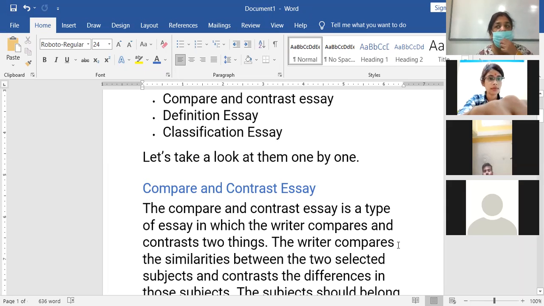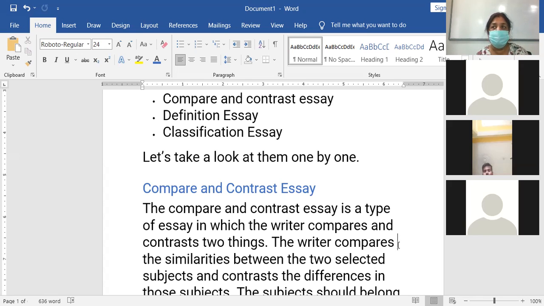Compare and contrast Narayan Murthy and Rahul Bajaj. Something which you know, something which is in your syllabus. Compare and contrast writing styles, the descriptive style and the narrative style. In what ways is it similar, in what ways is it different.